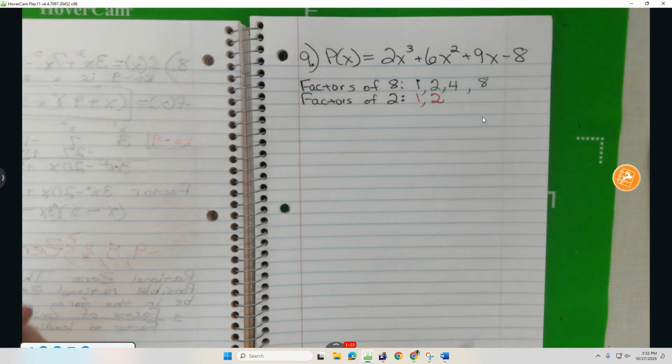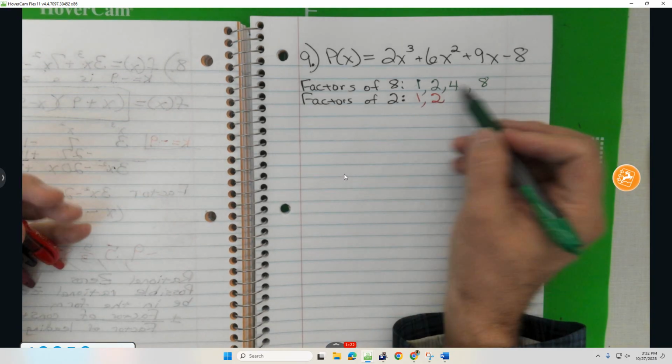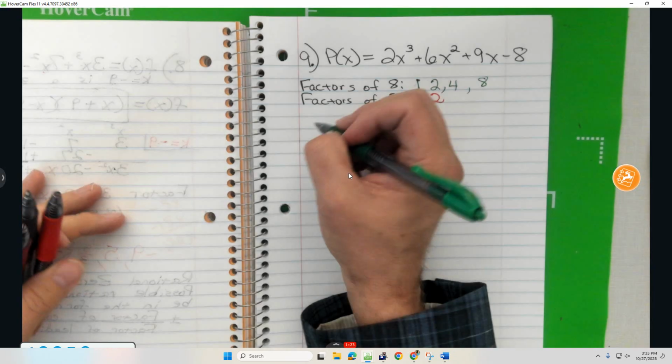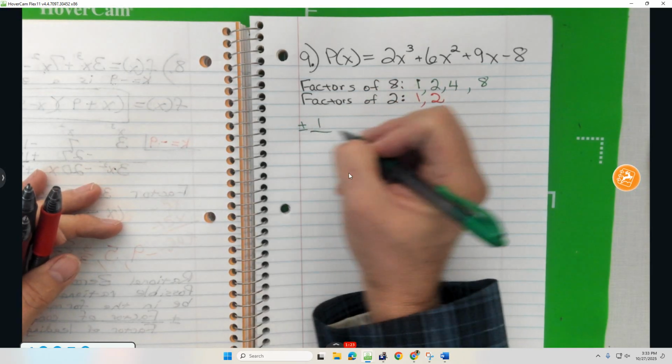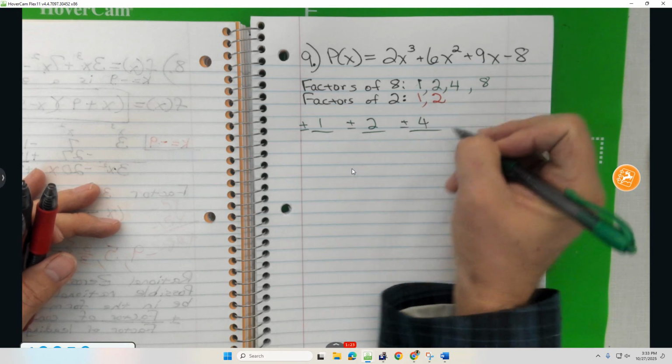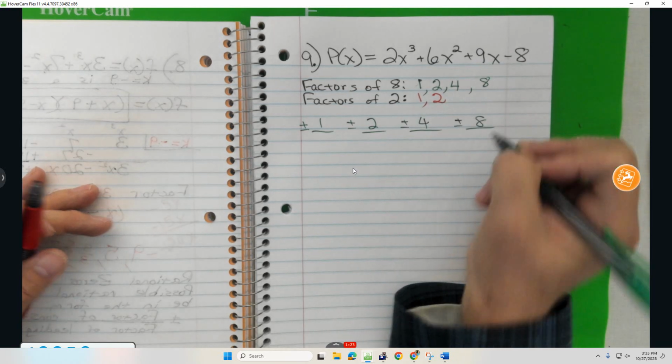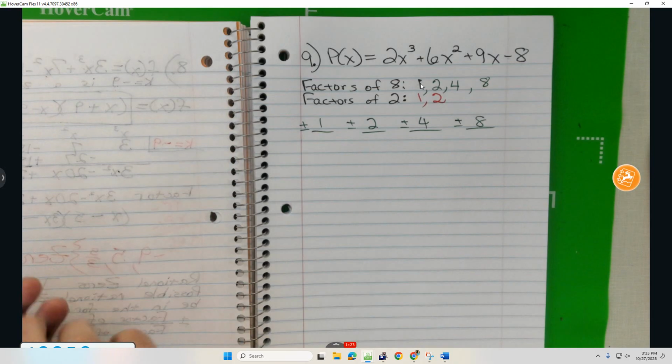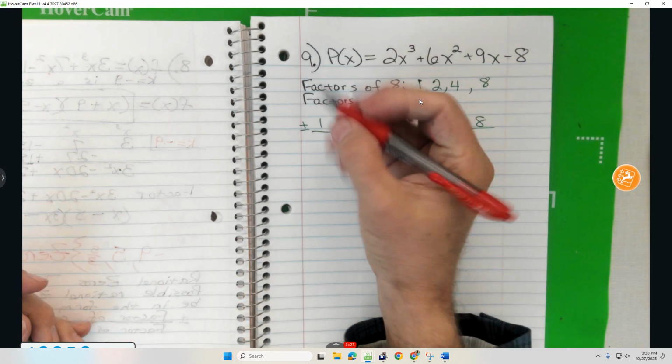Here's how I'm going to do it. I'm going to take all those factors of the constant term 8. We have plus or minus 1 over, 2 over, 4 over, and 8 over. You put them all over 1.